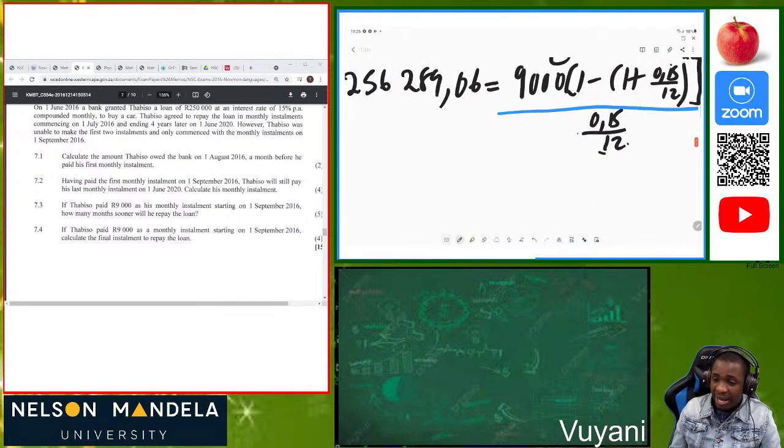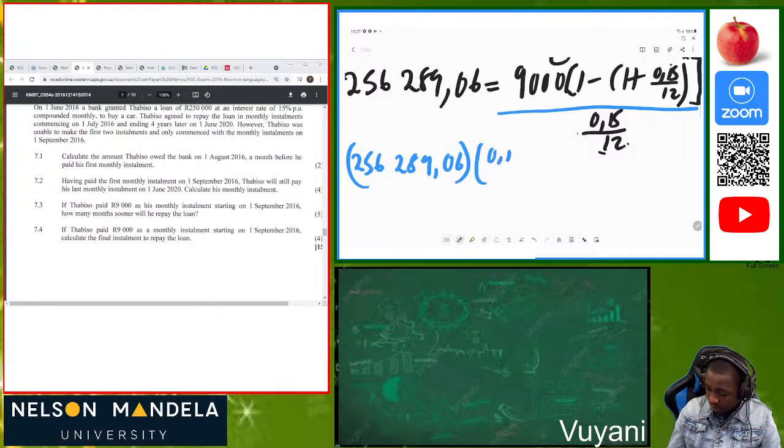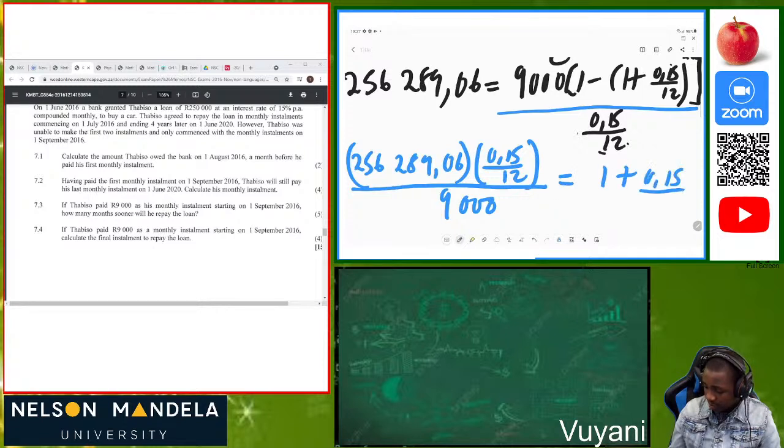We are just applying our skills to solve this. So it's going to be 256,289.06 multiplied by 0.15 divided by 12, divided by 9,000, and it will be equal to 1 plus 0.15 divided by 12, to the power negative n.